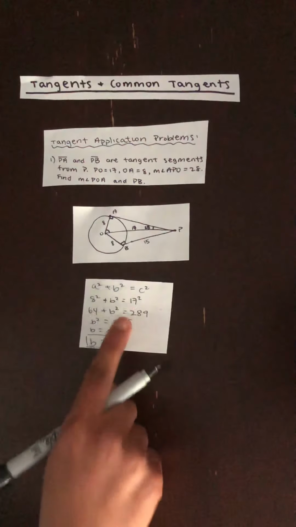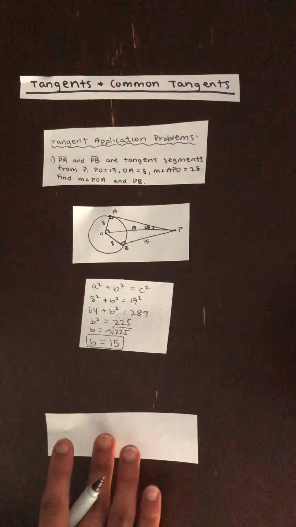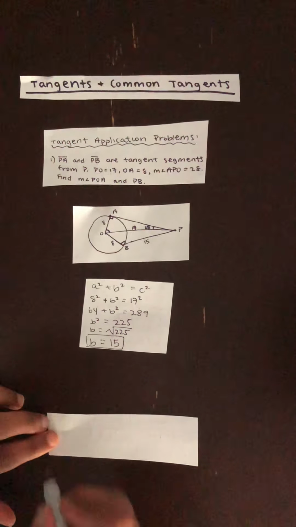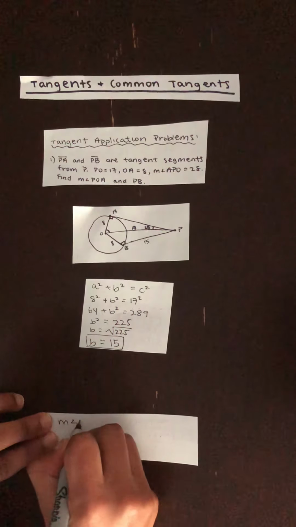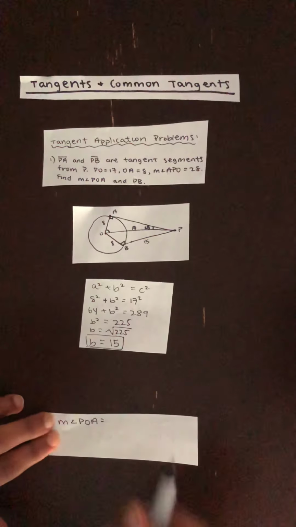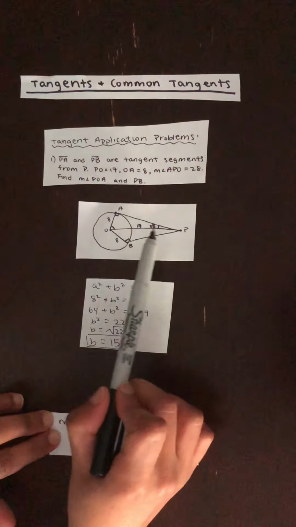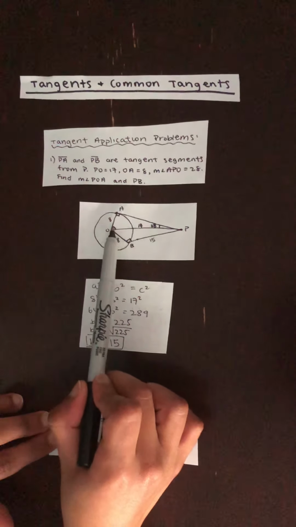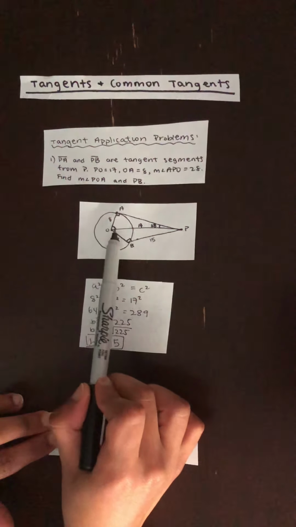And now we can figure out what the measure of angle POA is equal to. If we look at the measure of angle POA, that's this angle right here, and in order to find that, we can take 180 degrees and subtract from it this 28 degrees plus 90 degrees.